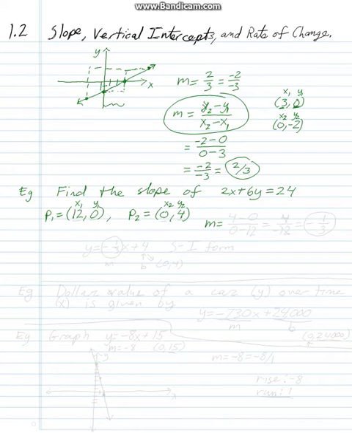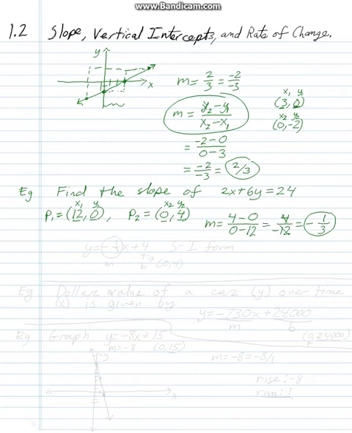So our slope is going to be y2, 4, minus y1, 0, over x2, 0, minus x1, 12. So if I simplify that down a little, I get 4 over negative 12. I can bring the negative out front, and a 4 will cancel with the 4 and the 12, and I'll just get negative 1/3.